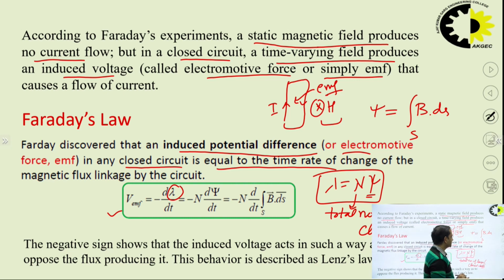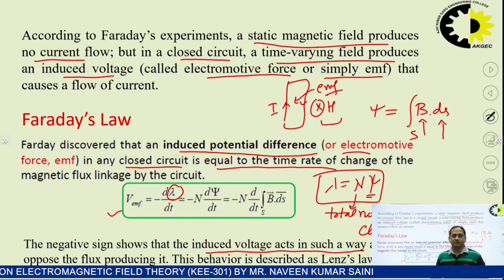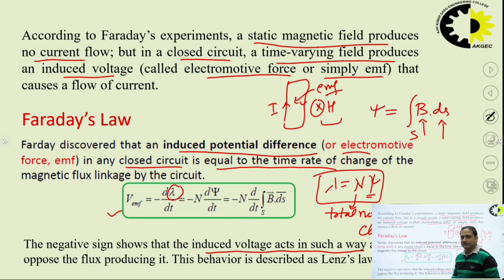So psi is equal to B dot ds: for a closed circuit whose surface area is ds, with the magnetic field B passing through that surface, the total flux is psi equal to B dot ds over the open surface. The negative sign shows that the induced voltage acts in such a way as to oppose the flux producing it. This behavior is described by Lenz's law.